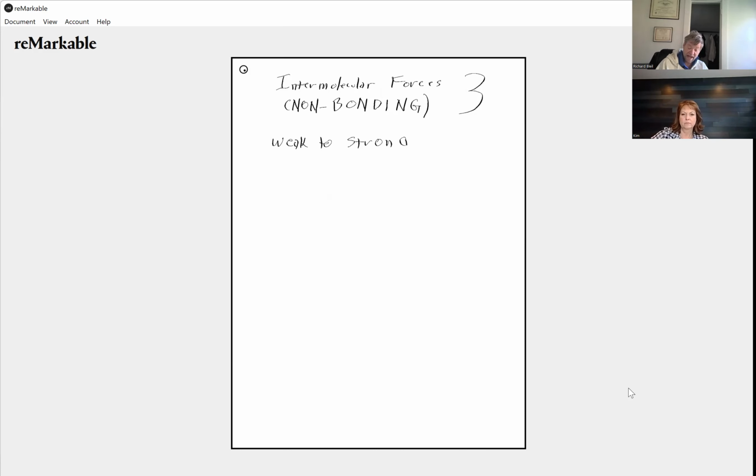The weakest intermolecular force actually has several different names. It is sometimes called London forces, sometimes called dispersion forces, sometimes called a van der Waals force.